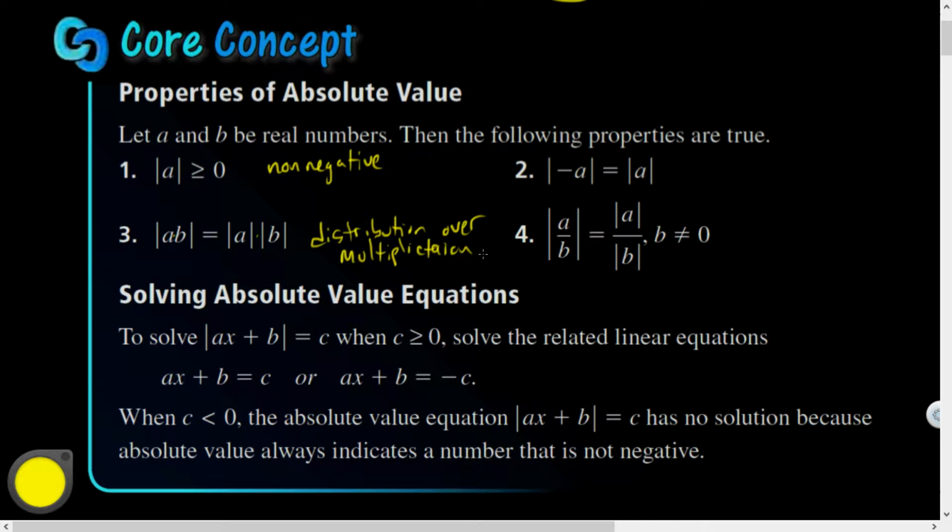Multiplication. And so notice if I have the absolute value of two things being multiplied, I could actually break that up into multiple absolute values. Be careful when you're doing this, because sometimes your absolute values can look like 1s. So you got to make sure they're tall.